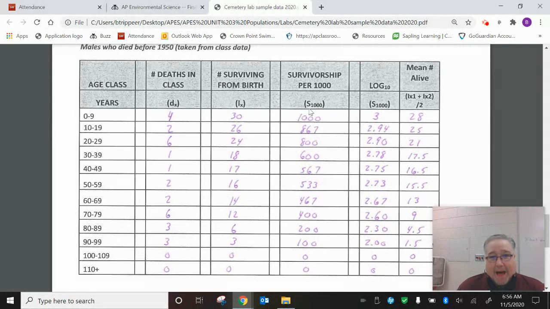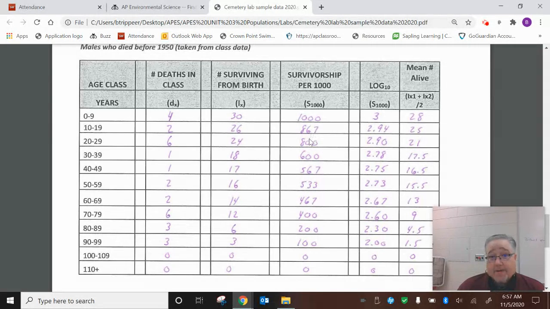We want to figure out how many of those 1,000 would actually survive to go into the 10 to 19 age group. All you're going to do is take the number of individuals, in this case 26, divide it by 30, and then times it by 1,000. So 26 divided by 30, times 1,000, gives you 867.